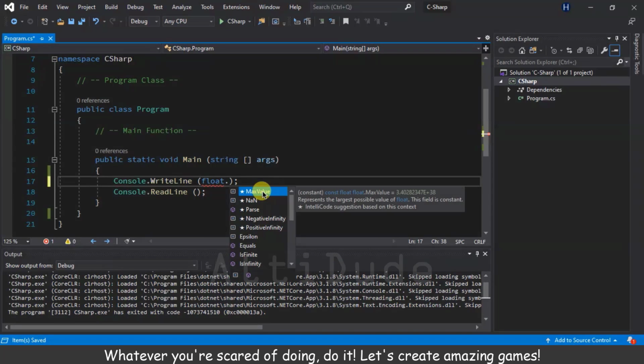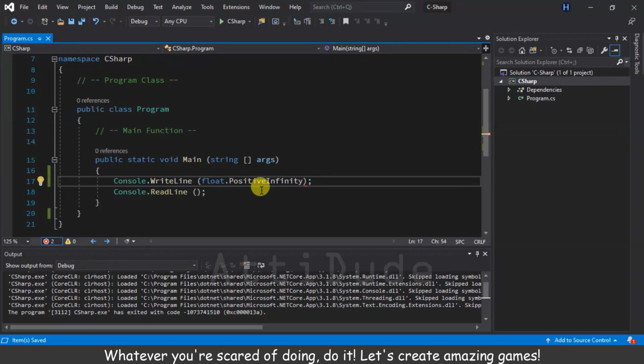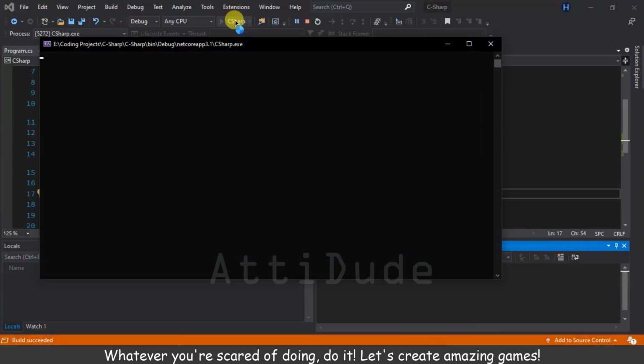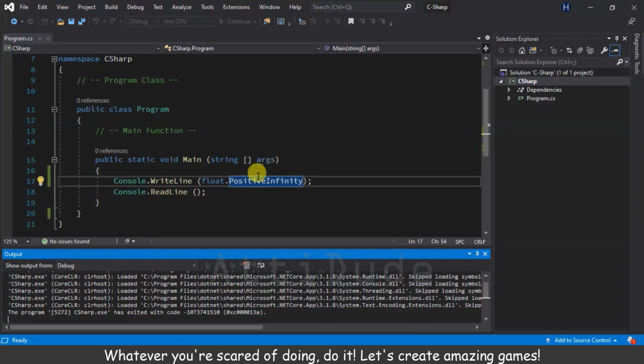So if you want infinity, you can write float.MaxValue. It's this. Positive infinity. Let's print this out. Oh wow.